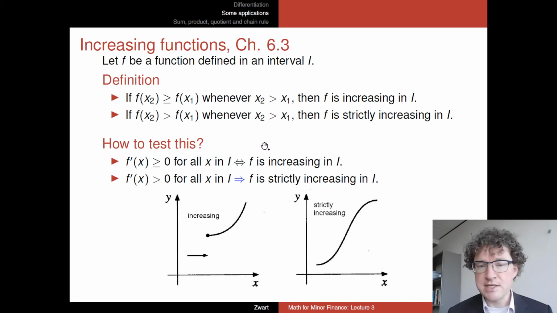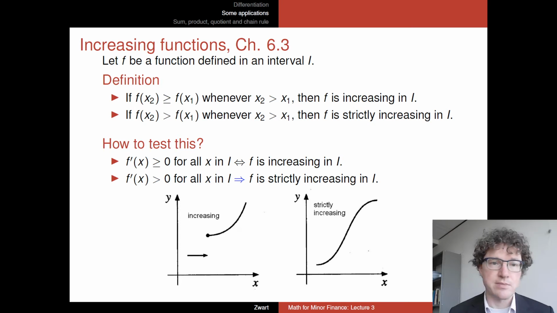If that's the case, then we know that f is increasing on that interval, and vice versa. If f is a differentiable function, so we can define this derivative actually everywhere, and we are told it's increasing, then we also know for sure its derivative must be bigger than or equal to 0 for all x in this interval.